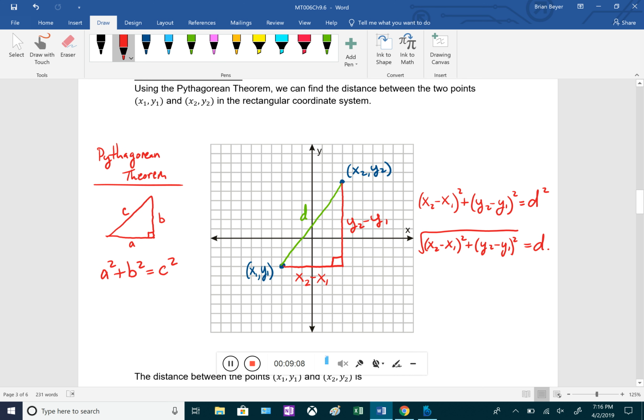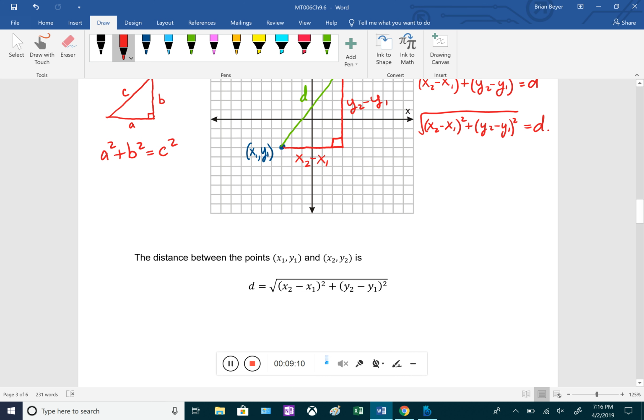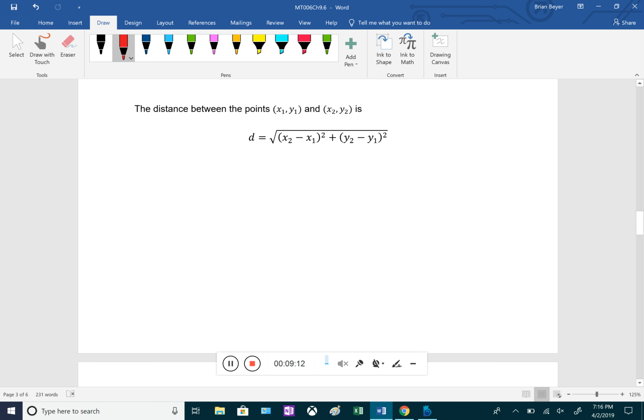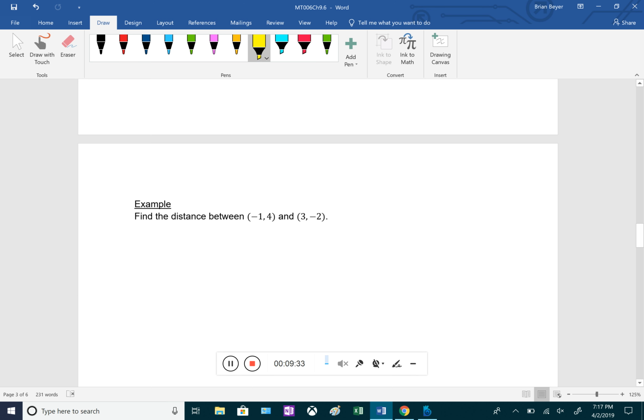So that d is now solved for, so that is actually the distance formula. So the distance between 2 points on a rectangular coordinate system is d equals, with one point being x1, y1, the other one being x2, y2, d equals the square root of x2 minus x1 squared plus y2 minus y1 squared. It's pretty much just plug and chug here.